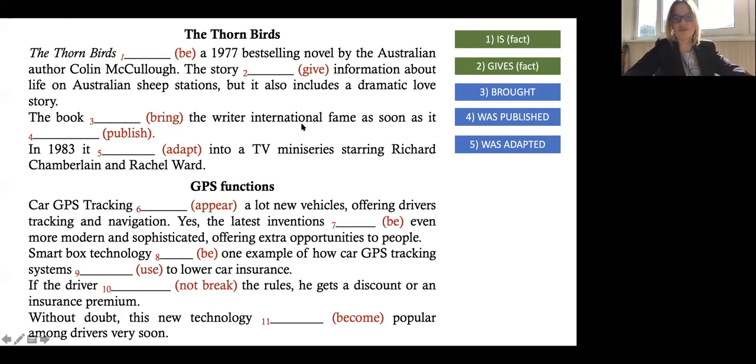So in number 4, as soon as it was published, what meaning is used? As soon as it was published. Kind of a fact, but we also have one important condition. As soon as, if, when, till, provided that, on condition that.